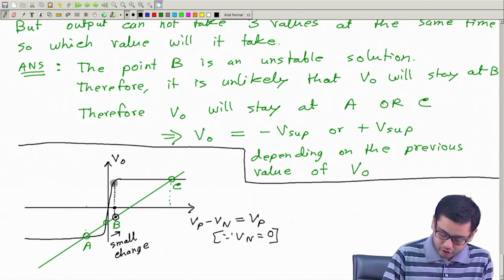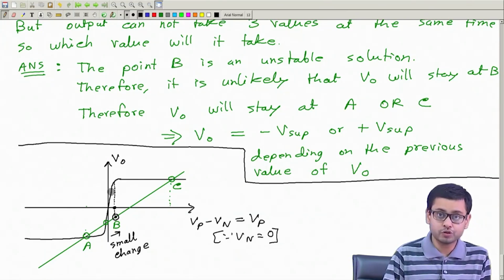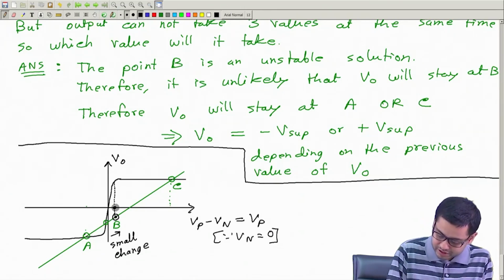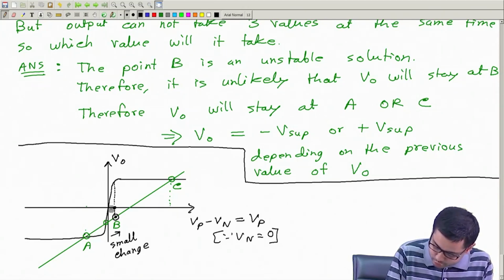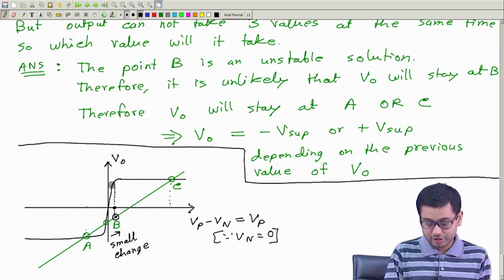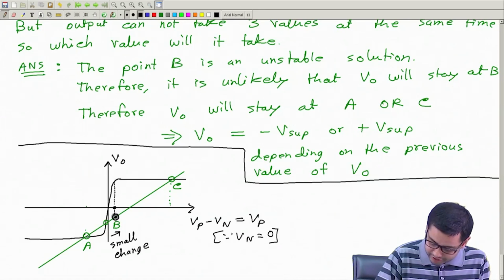Therefore the op amp will now try to increase its output and match this characteristic, because the op amp believes in this static characteristic. When it sees the input Vp minus Vn is here, it will try to increase its output to this value. Therefore Vo will increase further. This point will move towards the right further.